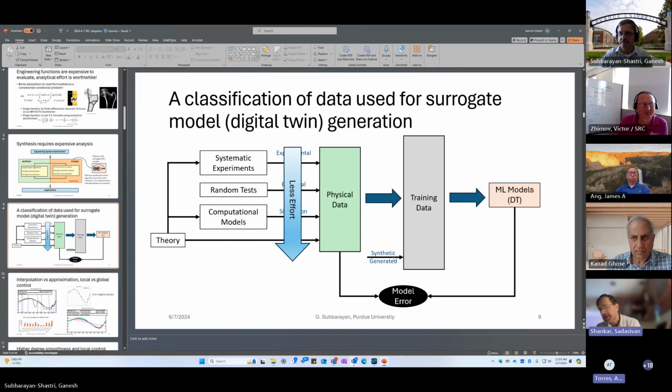Yeah, go ahead. Ganesh, can I interject for a second? Sure. In my presentation a couple of weeks back, I showed a case in which we did the yield stress of patterned films. We used machine learning for the bulk material properties, and for the thin films and patterned structures, we used an analytical model.